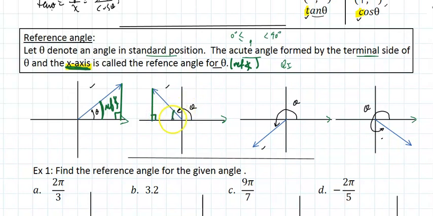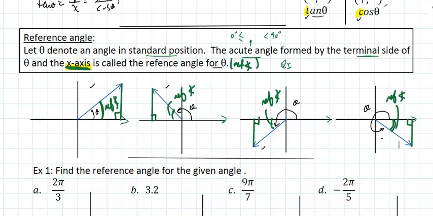The angle between the terminal side and the x-axis, that is the reference angle of theta. If I am in quadrant 3, I run to the x-axis, always to the x-axis. That right there is the reference angle. And if I am in quadrant 4, I would run from the terminal side to the x-axis, and this angle here would be my reference angle.